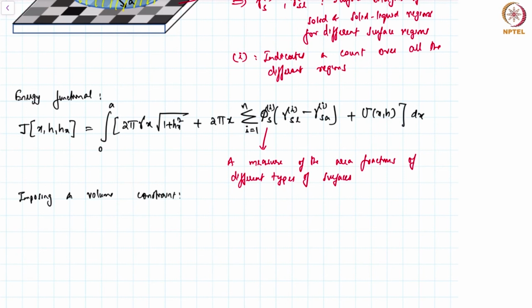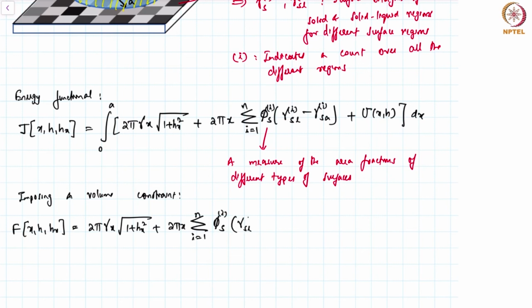I simply have J of x, h, hx essentially becomes, or rather I should say f. This quantity f essentially becomes 2 pi gamma x into square root of 1 plus hx square plus 2 pi x, summation goes from i equals 1 to n, phi s of i.